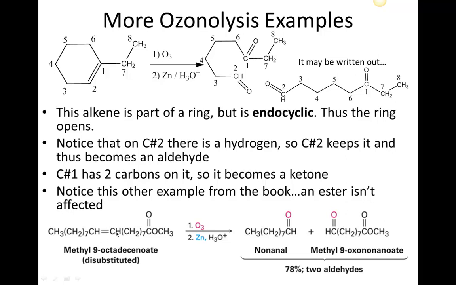Both of these two carbons have hydrogens on them. Remember, we call those vinyl hydrogens. And so wherever these vinyl hydrogens are, we get to keep those. And so both of these carbons are going to become aldehydes in this example. So with this set of conditions, we can make aldehydes and/or ketones depending on what was originally attached to those two carbons.